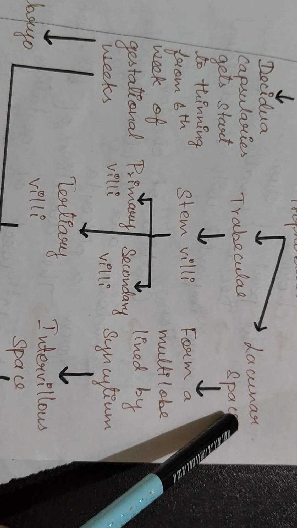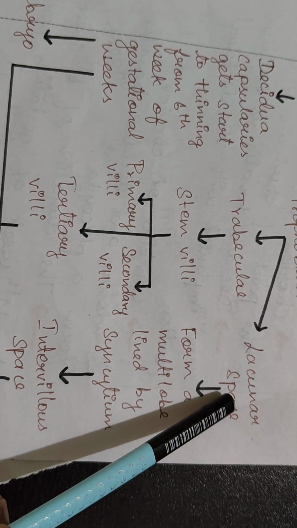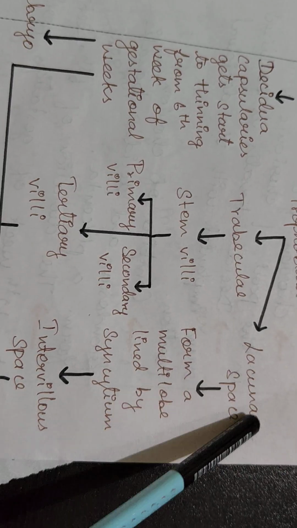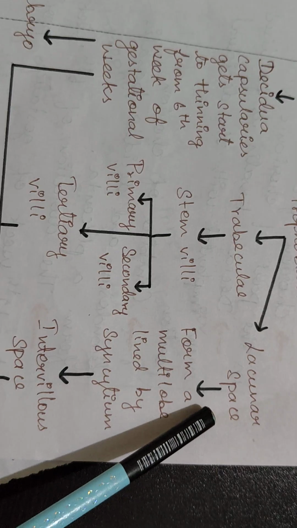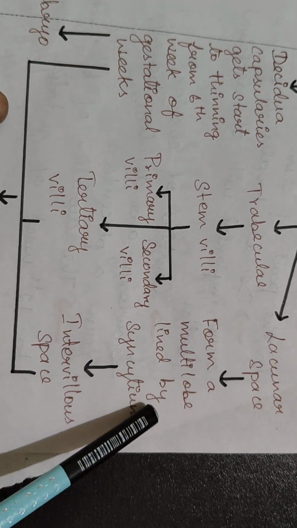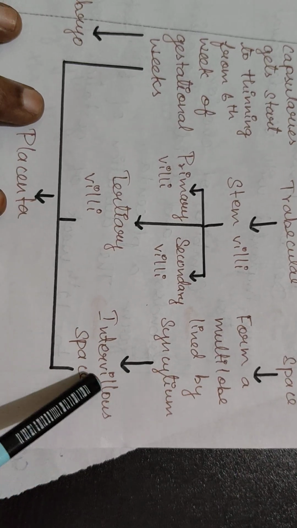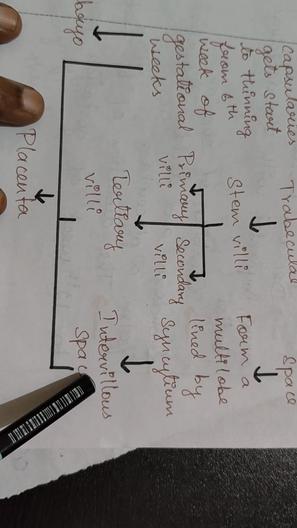Next, the lacunar space. The space is there where the placenta is joined, and that residual part is the lacunar space. The lacunar spaces form a multilobed system lined by the syncytium, and they go to the intervillous space of the chorionic villi.